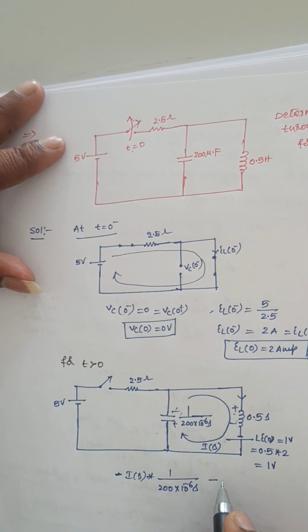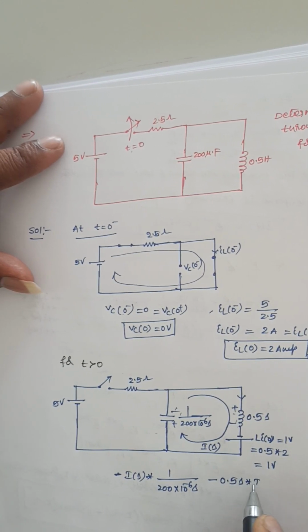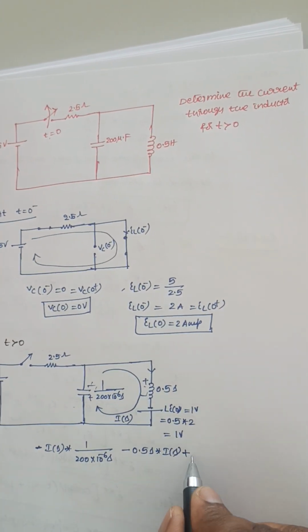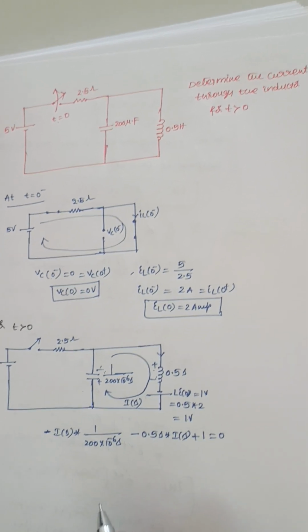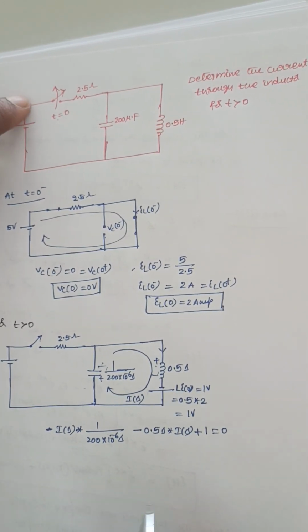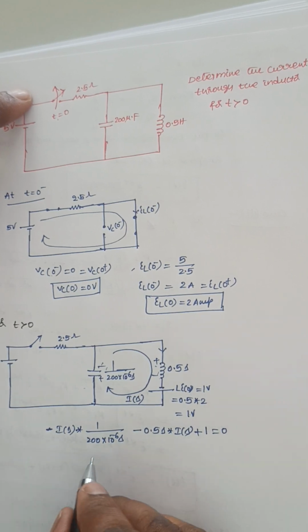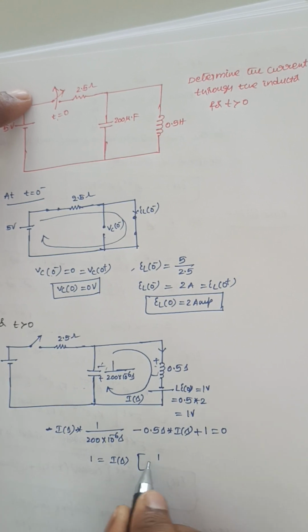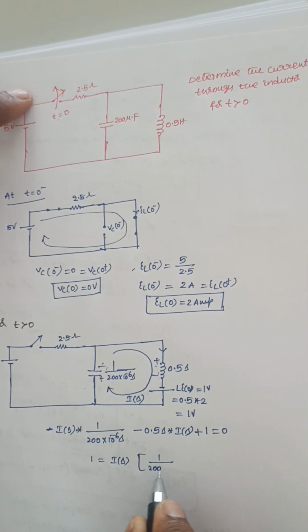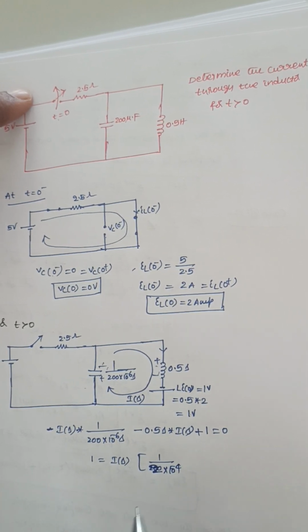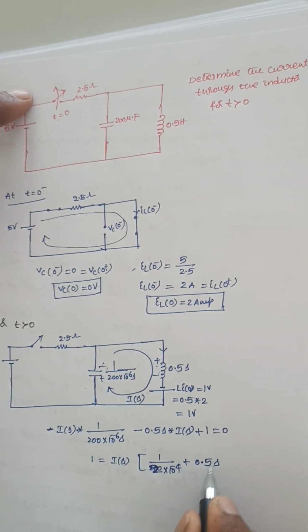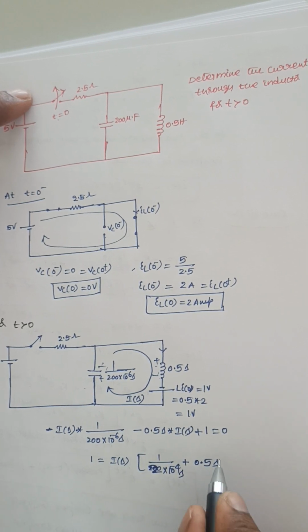Here the current enters the negative terminal, so it is 0.5 S into I of S. And the current enters the positive terminal here, so plus 1 volt, equal to 0. Now if I bring this term to the right side of the equation, 1 is equal to I of S, take as a common factor here, it is 1 by 200, so 1 by 2 into 10 power minus 4 plus 0.5 S.